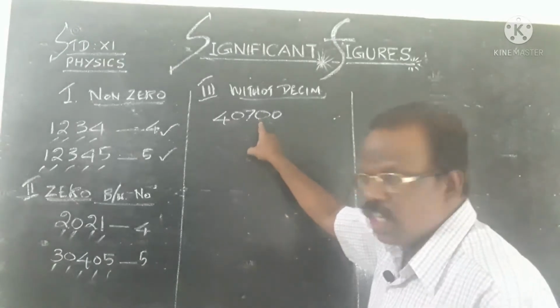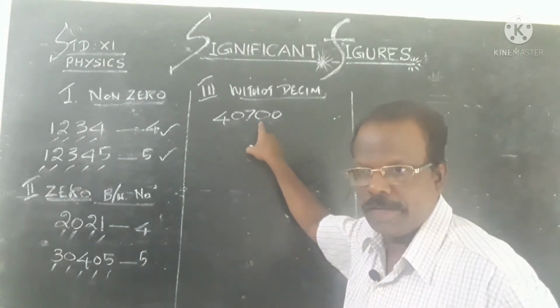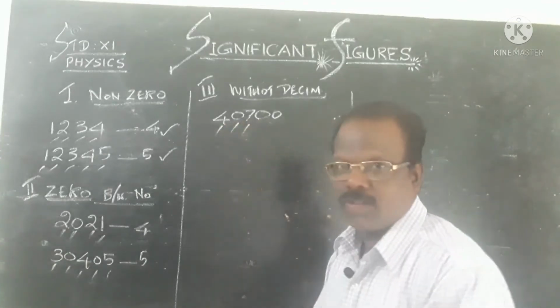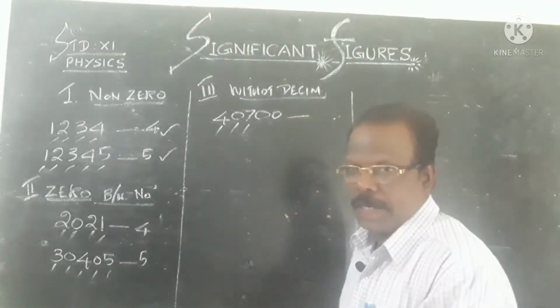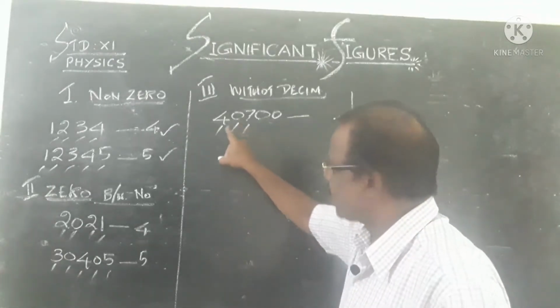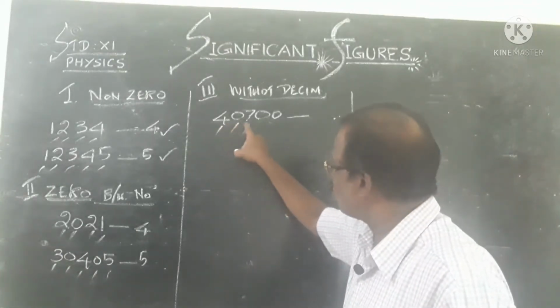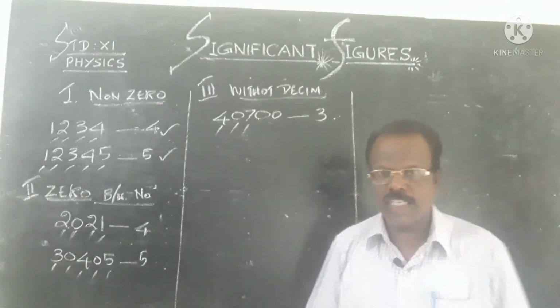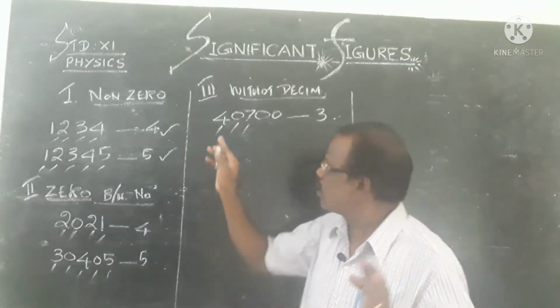Here the zeros are present at the last end only. For that reason you have to count the first three numbers only. You should not count the last zeros. If there is no decimal point, then you count the ordinary numbers only: 1, 2, 3. So the significant figures are equal to 3 only.